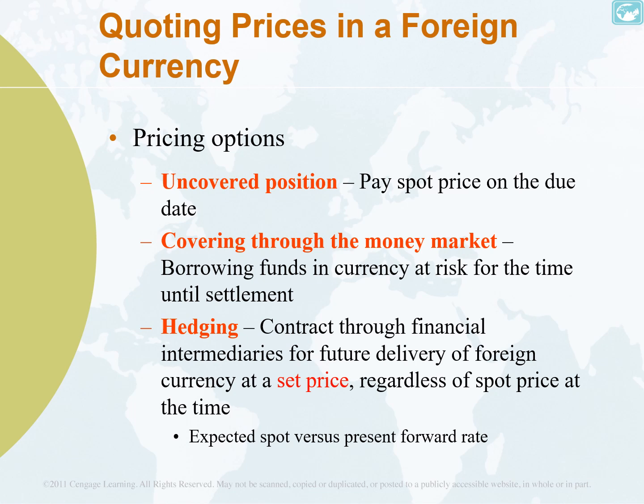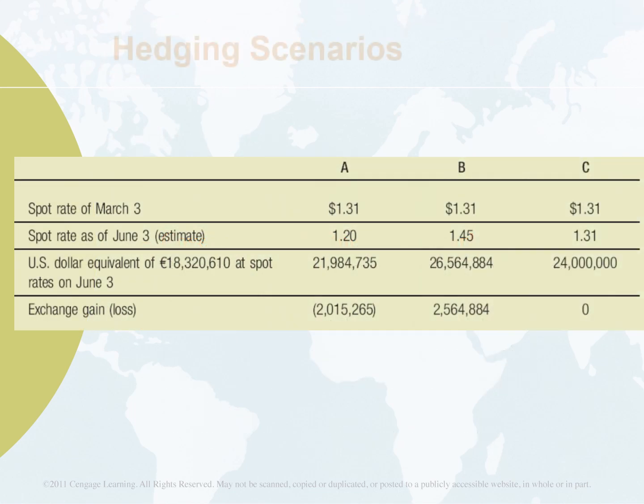That's hedging. This is an example of a hedging scenario. Say the spot rate on March 3rd is 1.31, US dollar versus British pound. These are all three scenarios. The spot rate as of June 3rd, 3 months from now, is 1.2. It could go down to 1.2.